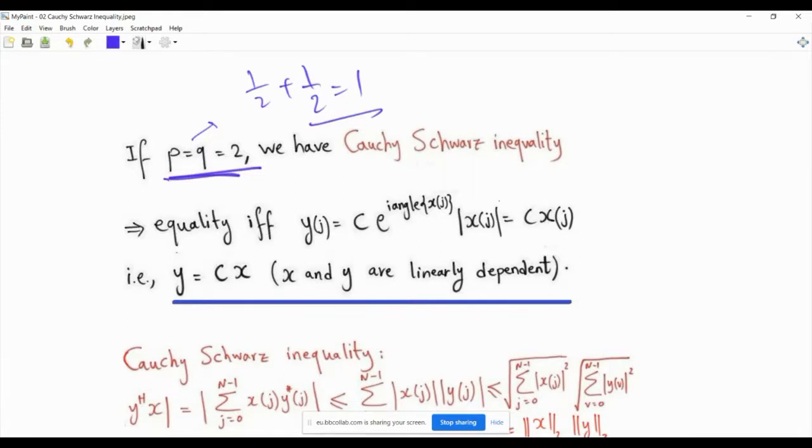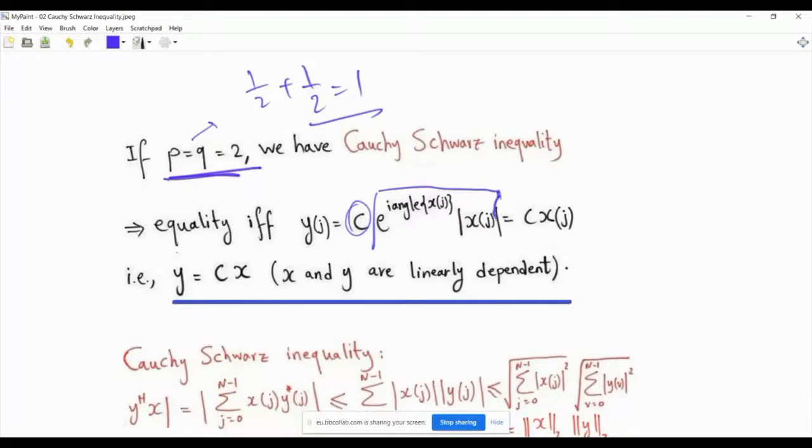So now p is equal to q. In the general Holder inequality, we have here p over q, but now this is just to the power 1. So yj should be some complex number that does not depend on the index j. This is the jth component of y. So it is some complex number, e to the i, and then multiplied by the angle of xj, multiplied by the magnitude of xj.